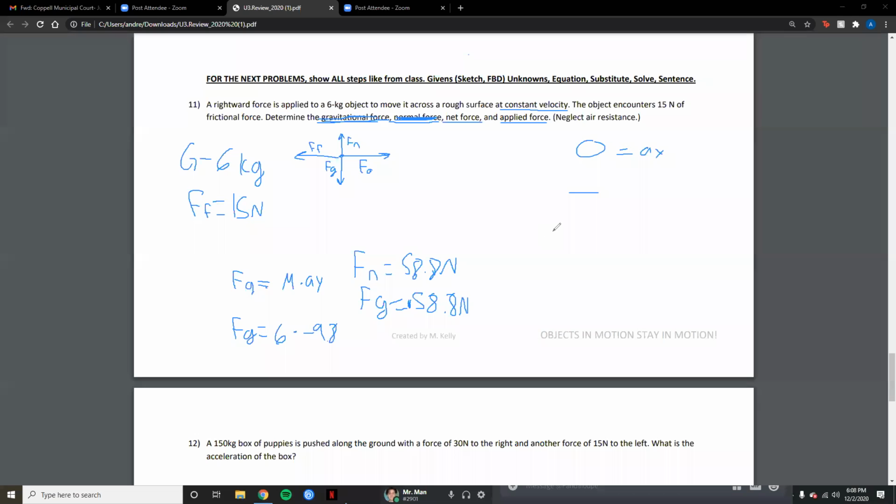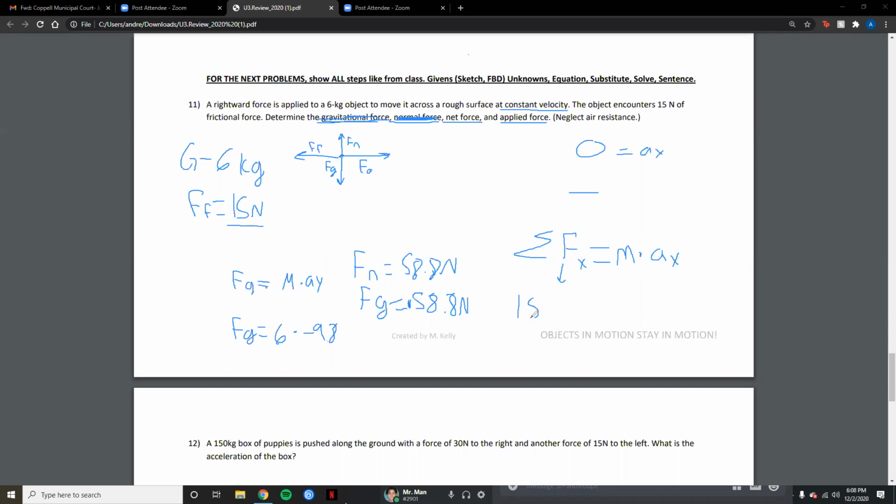So then you can use the formula, the sum of F of x equals mass times acceleration, right? Yeah, that makes sense. Acceleration of x. So let's find this. We already have one of them, which is 15 newtons.